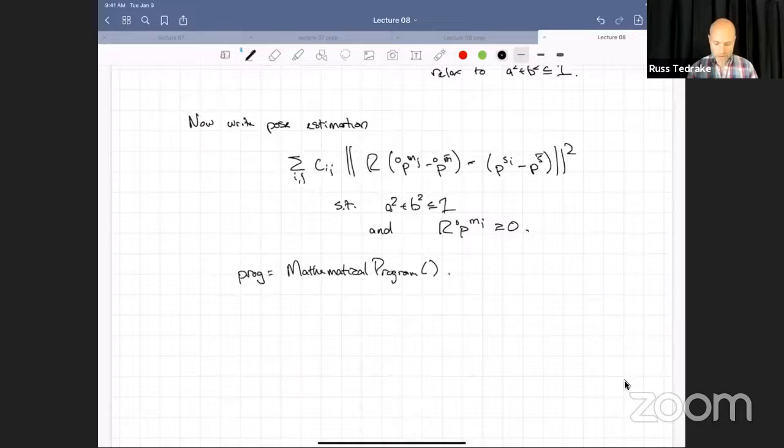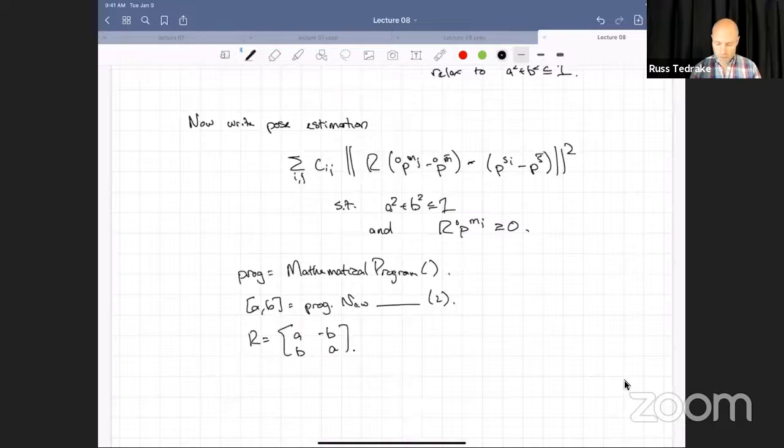I can make new decision variables, A, B, new continuous variables, and I can make my rotation matrix by setting those up. I can add my cost the same way you did.